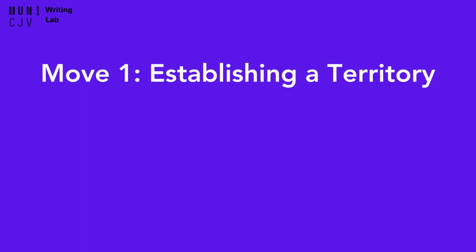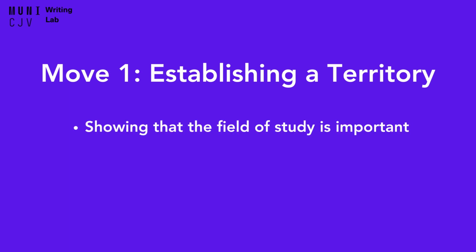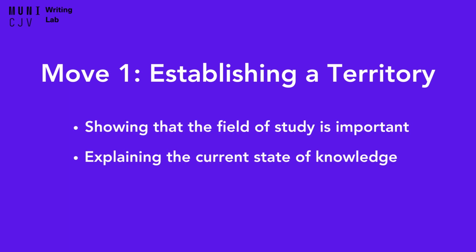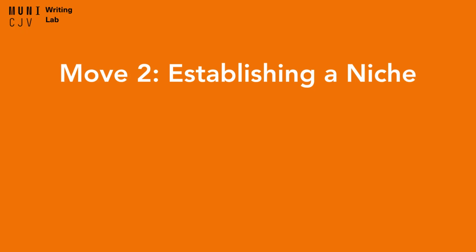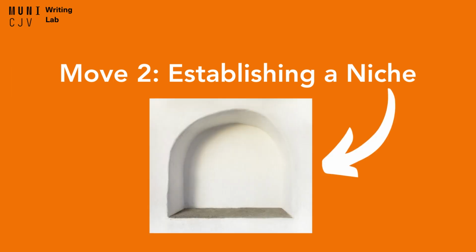The first move Swales called establishing a territory, and this move has a couple of closely related actions: showing that the field of study is important and explaining the current state of the knowledge in the field. The second move he called establishing a niche, and Swales uses this word niche, which is a nice metaphor for a small little area that you've carved out for your study.